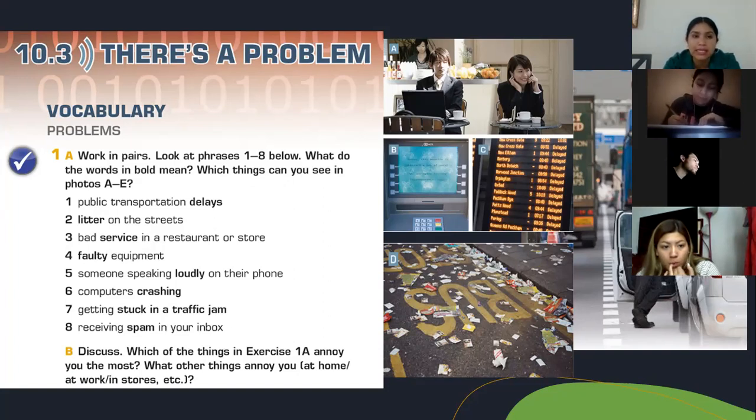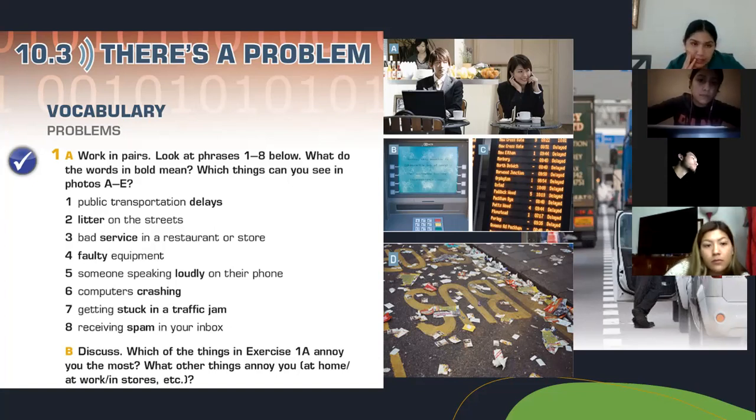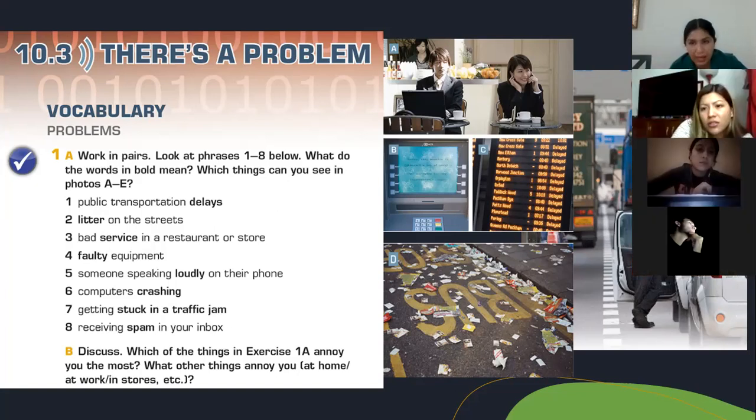What does it mean, delays? What is the meaning of delays? No idea? Okay, we're talking about public transportation. Retrasado. Ajá. Es cuando algo se retrasa.